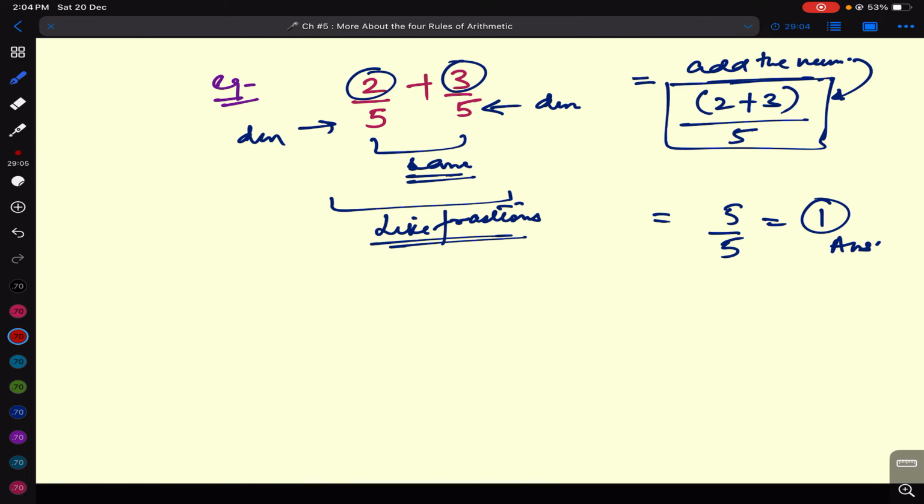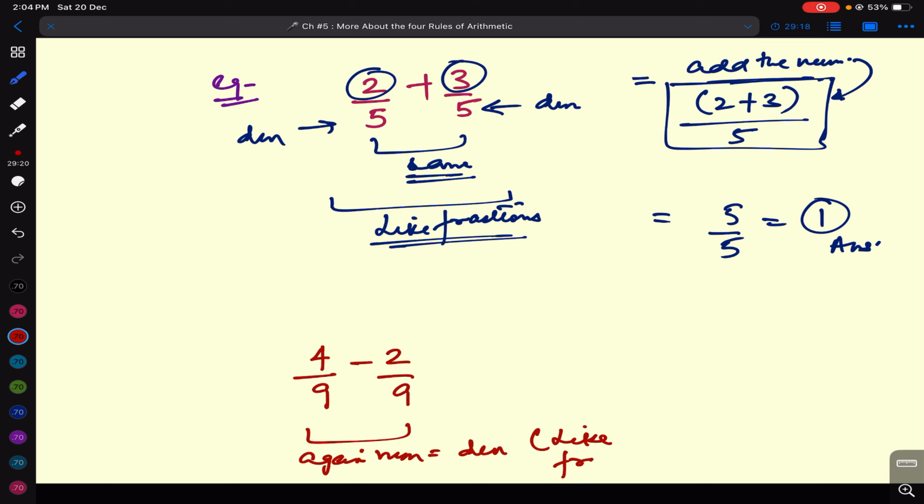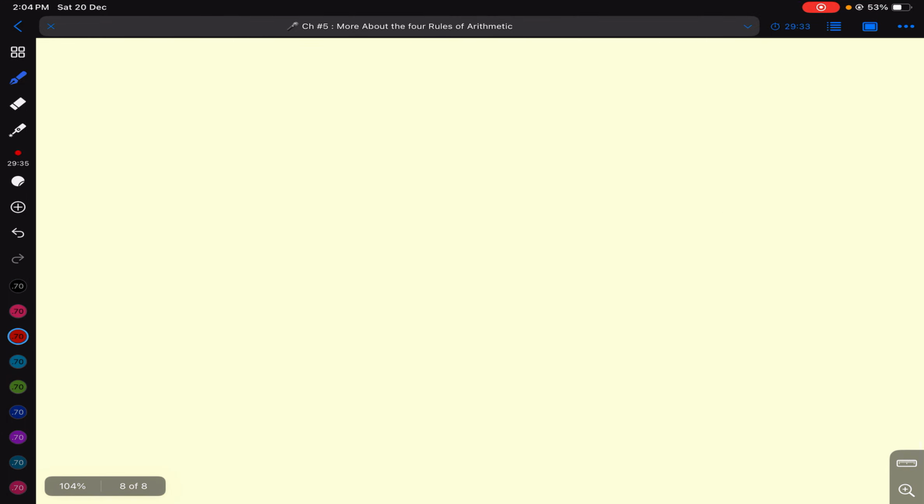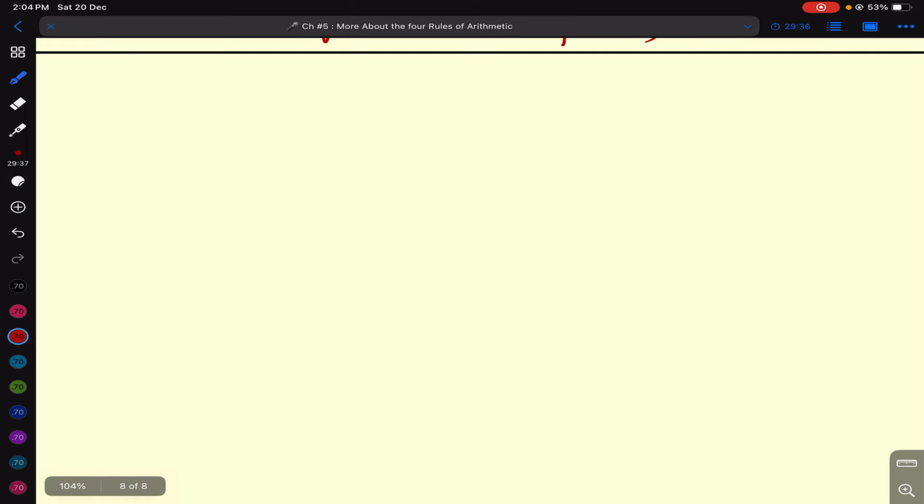Now suppose we have to perform the subtraction of like fractions. Here again the denominators are the same, so they are like fractions, and we simply subtract the numerators, keeping the denominator the same. So this will be 2 over 9. Clear?